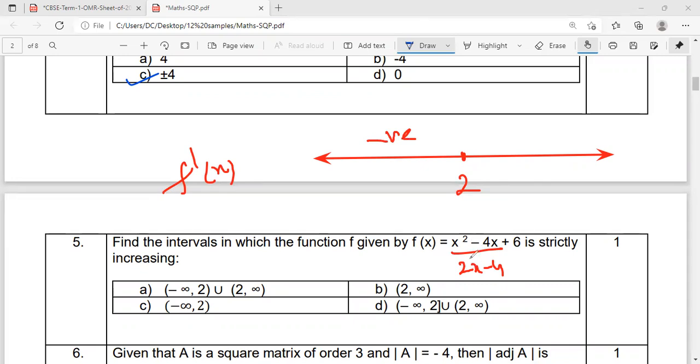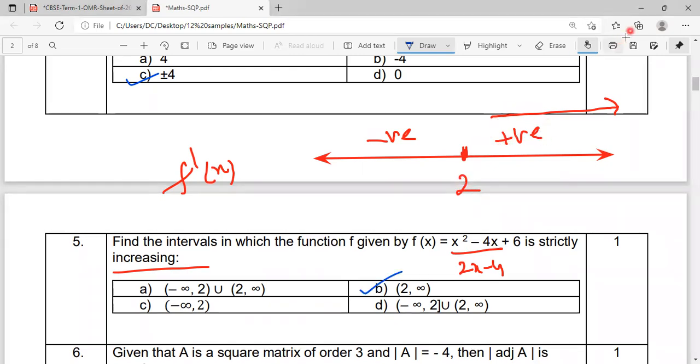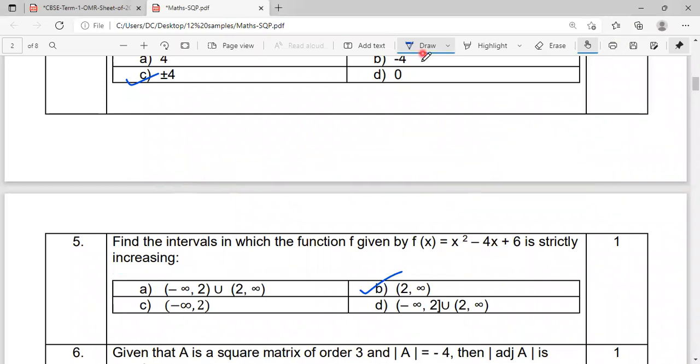If x is more than 2, say 3, for example, we can take any number greater than 2. So let's say 3. And 2 times 3, which is 6, minus 4 is a positive number. Now you can easily see it's strictly increasing. So if x is greater than 2, for all of this where f dash x is positive, it will be strictly increasing. So 2 to infinity should be your answer here. And we want to know where f dash x is positive. Okay, so this is done.